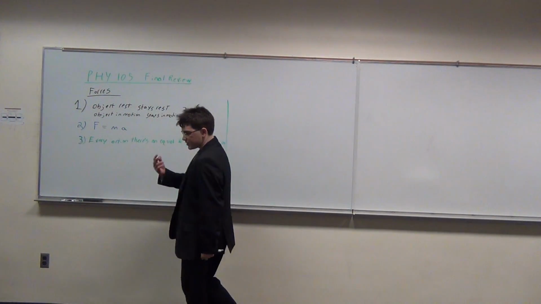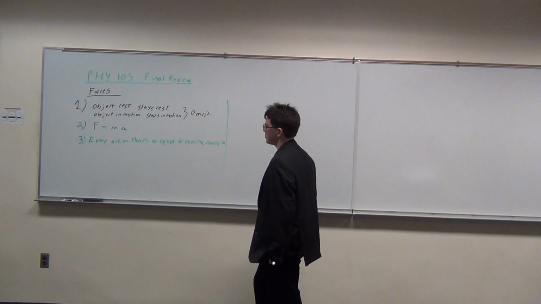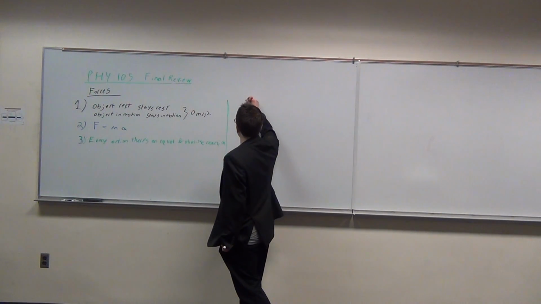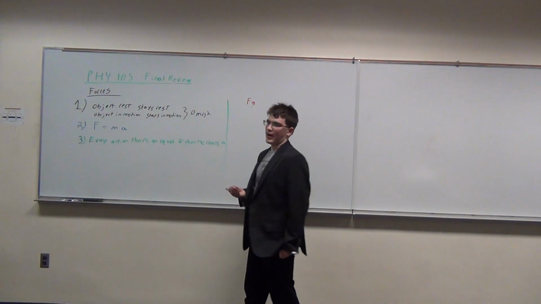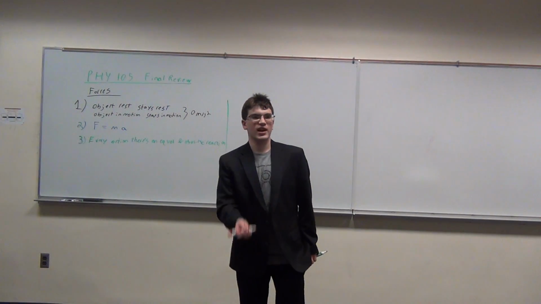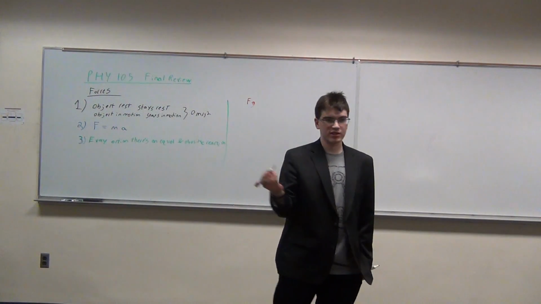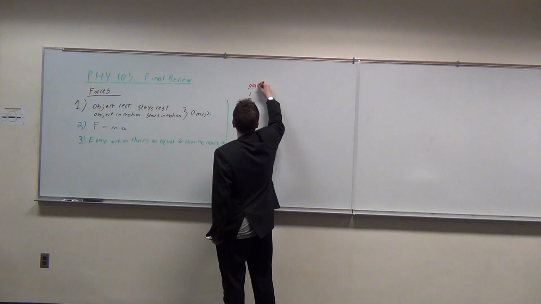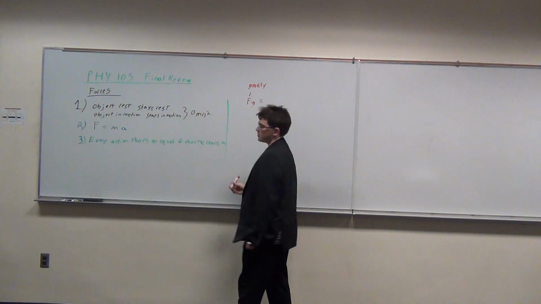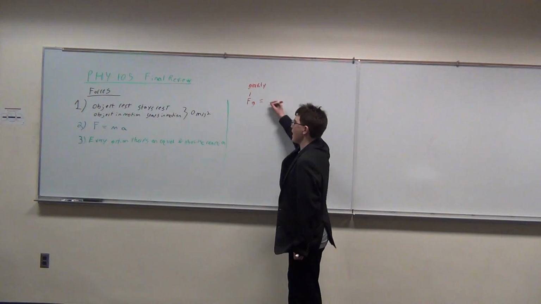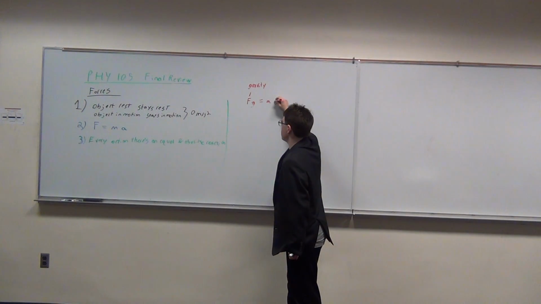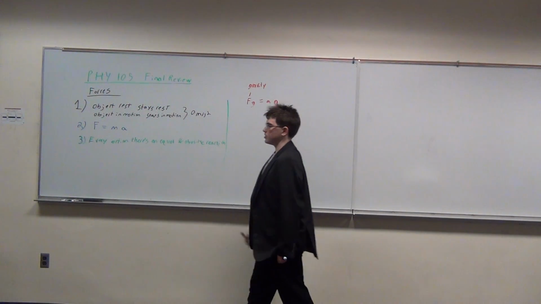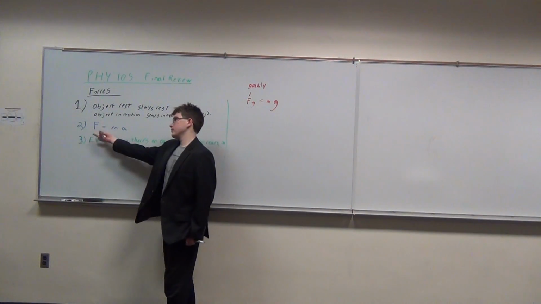So in your class, there's several forces you probably talk about. The force of gravity. That's just how gravity pulls on objects. Force of gravity is equal to the object's mass times the acceleration due to gravity.